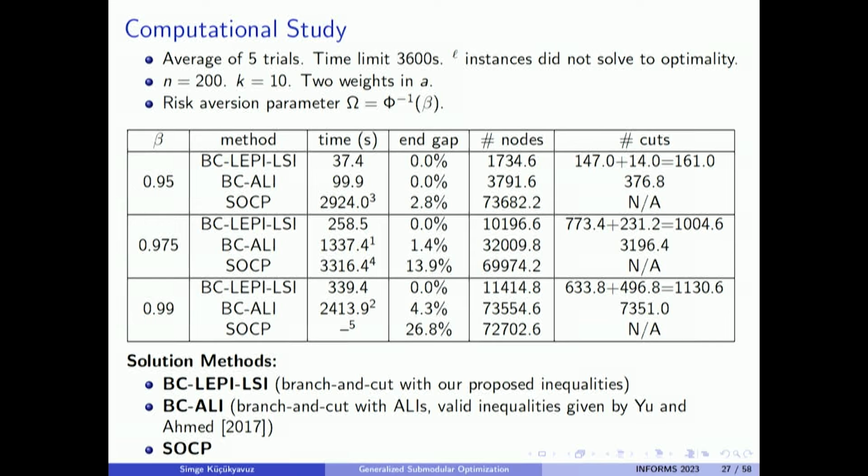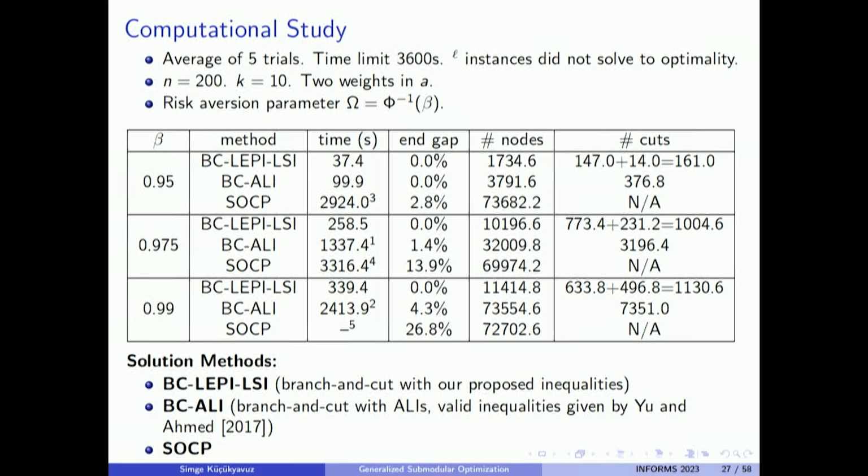When you see in the time column some superscript, those are the number of instances that did not solve to optimality within an hour, and some statistics about how we generated the data. Beta is our risk aversion parameter, the probability of being lower risk than the value at risk at beta. So we want that beta to be high.